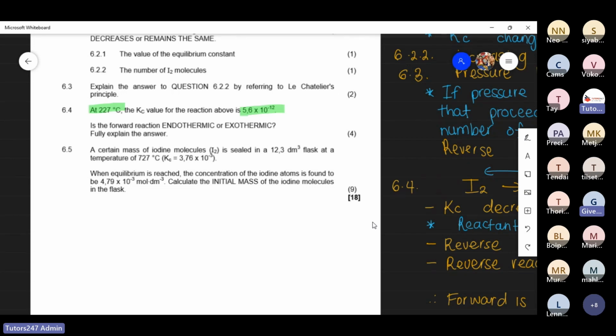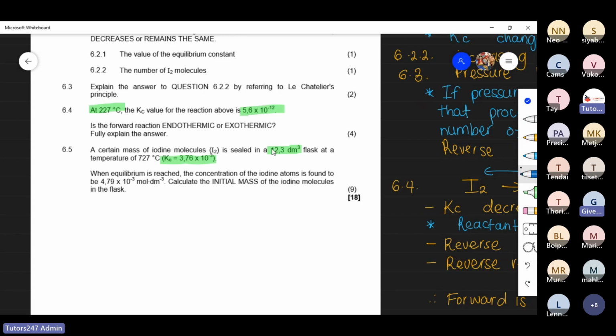Therefore, our Kc is equal to 3.76 times 10 to the power negative 3. So that one sentence has a lot of important information in it. So let's break down that one sentence. We've got this 12.3 decameters cubed, and we've got our Kc value from that one sentence.